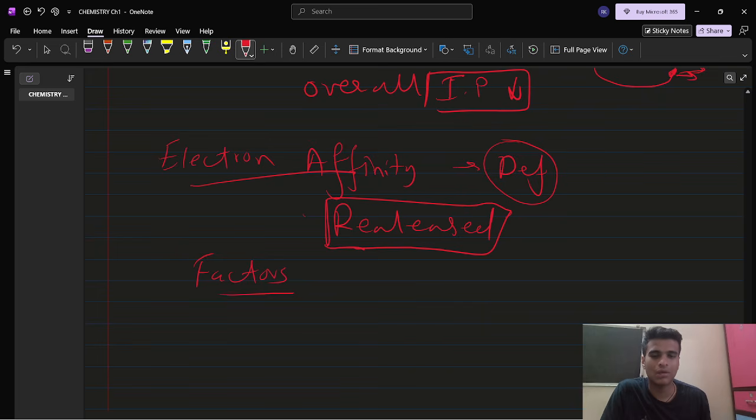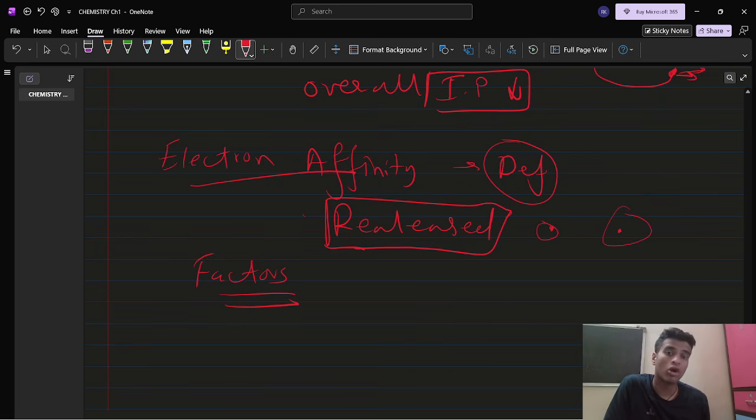अभी इसका conceptually is this actually the same thing. Amount of energy released when an atom in the gaseous state accepts an electron. So now tell me, अगर इधर एक मेटल है और एक नॉन मेटल है, तो कौन ज्यादा एनर्जी रिलीज करेगा? Obviously non-metal. Why?